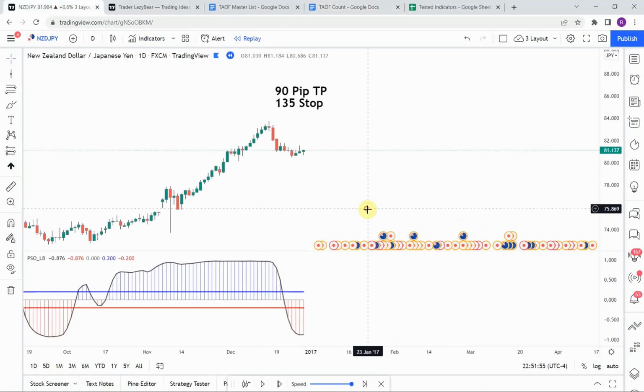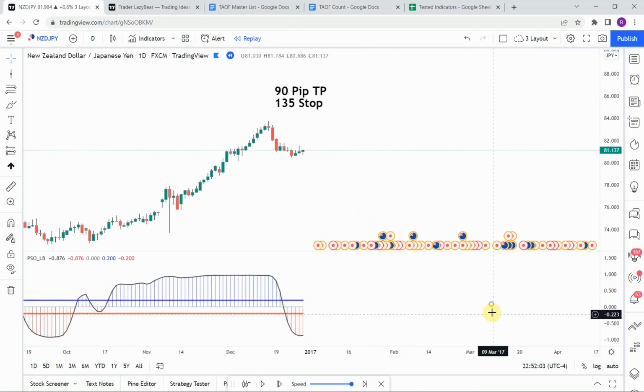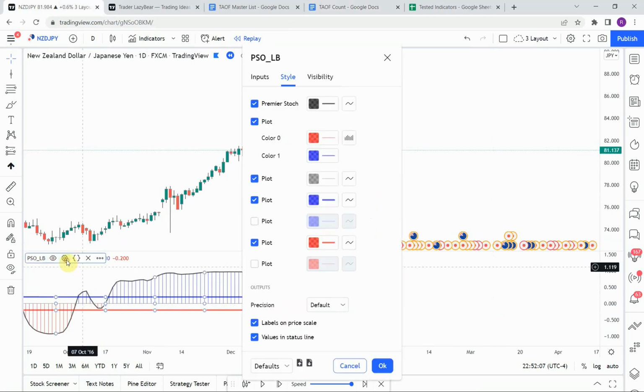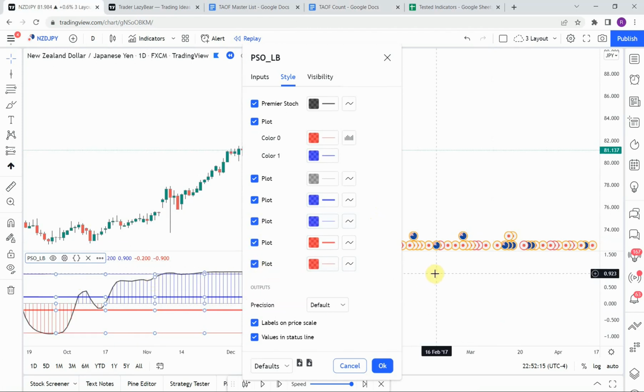Alright, so today's indicator is the premium stochastic oscillator. And you can see it here on the bottom of the screen. Now we tested this one in the last video, and I did go in and make a couple of visual changes to this. So I turned off these two plots here, and those were the plots at the 90 marker and negative 90.